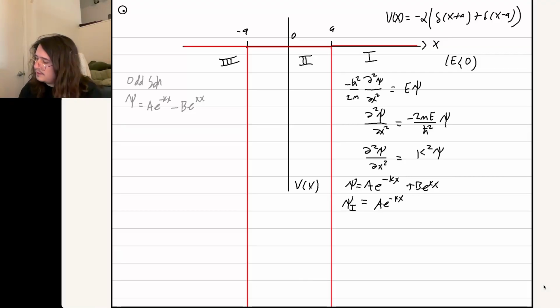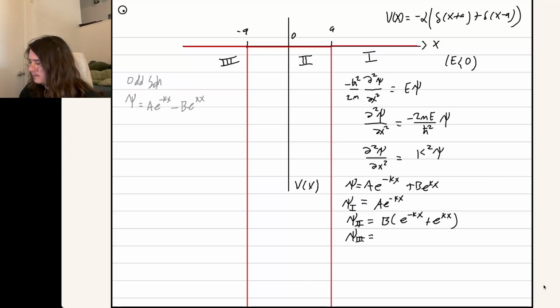For psi 2, the constant is the same for both the positive exponent and the negative exponent, so we have something like that. And for psi 3, we have the same constant A as for psi 1, but it's e to the kx, so it doesn't blow up at minus infinity.